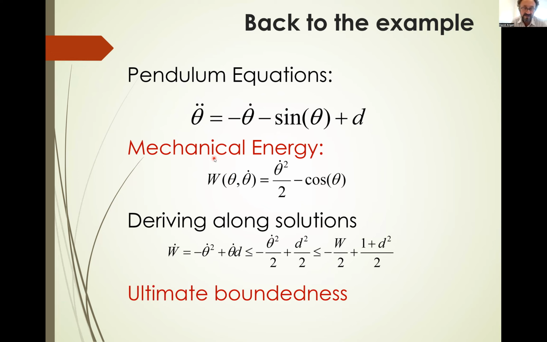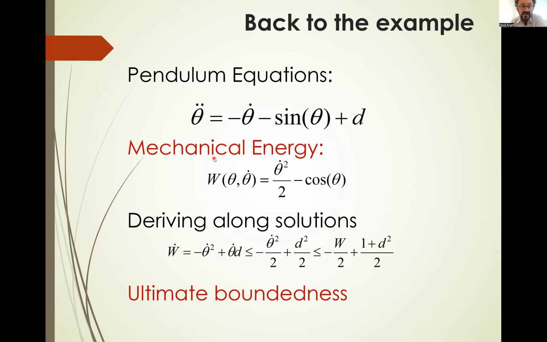You replace the theta dot d term with a completion of square, so it's minus theta dot square plus d square, and then you replace the theta dot square with w just by noticing that the cosine is a bounded function, and so it's just a 1 that you need to put on the right hand side of that inequality. And that is a good enough bound.